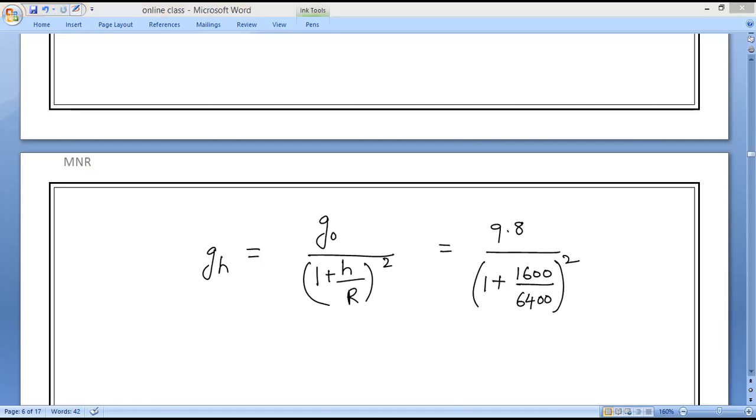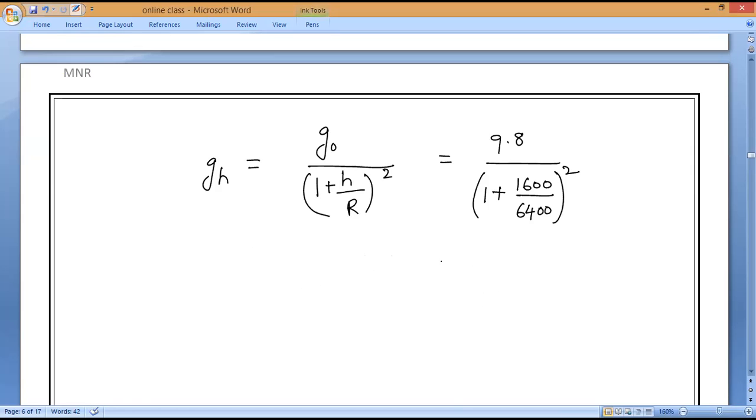What is the LCM? 9.8 divided by, here I will take the LCM, 6400, so we get 6400 plus 1600 the whole square. Is it right or wrong?